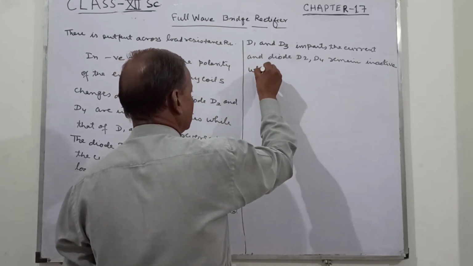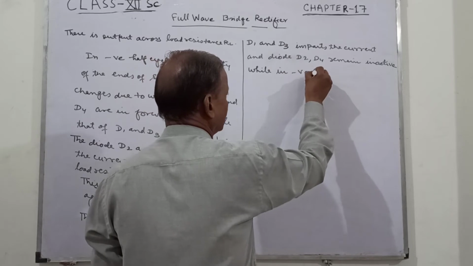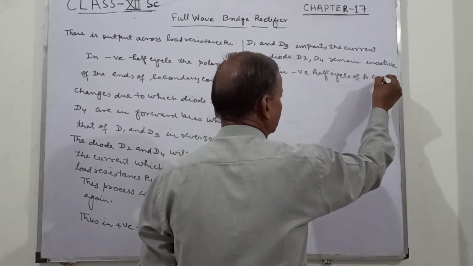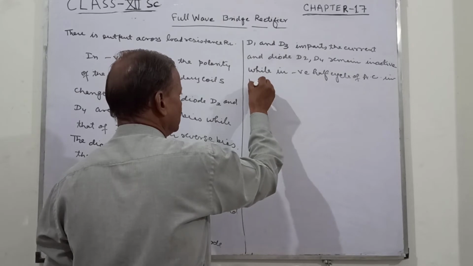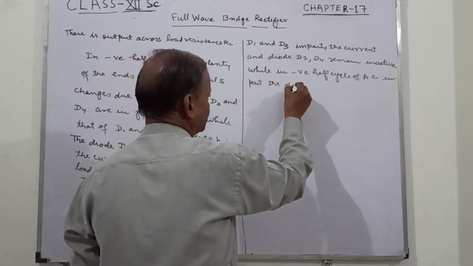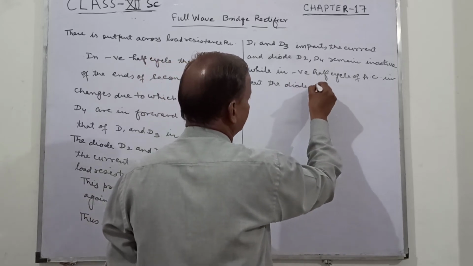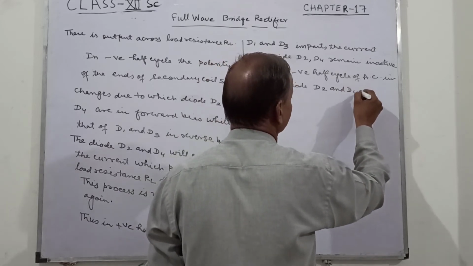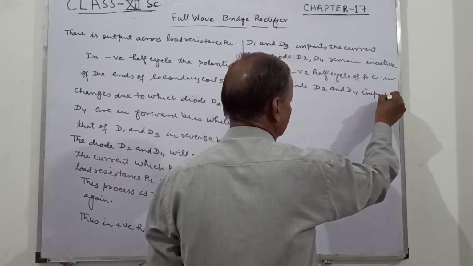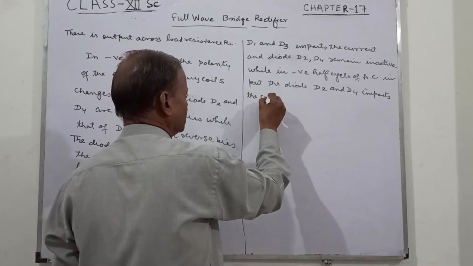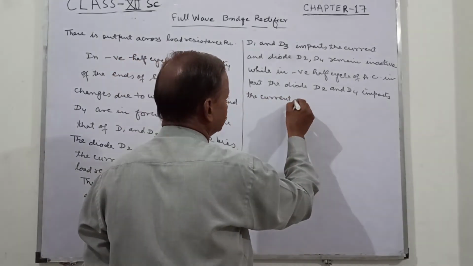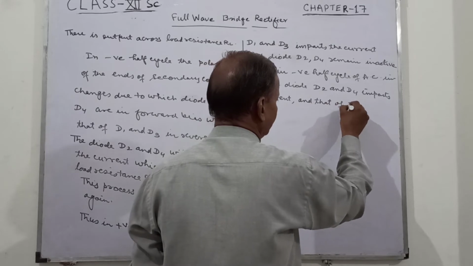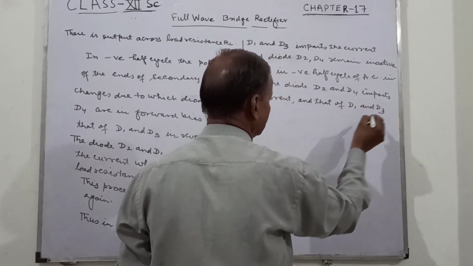While in the negative half cycle of AC input, the diodes D2 and D4 impart the current, and D1 and D3 are inactive.